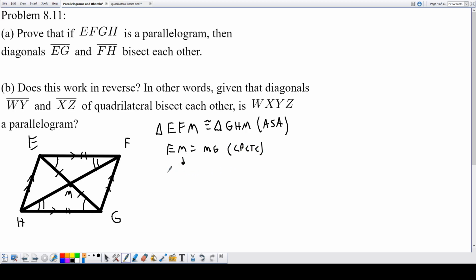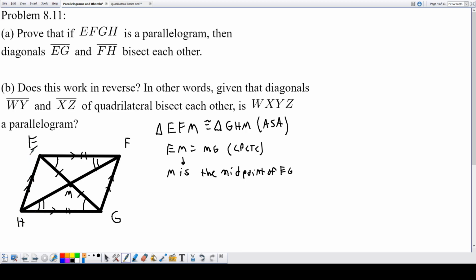And this implies that M is the midpoint of EG. So that's a little bit of part A done. So to do the next part, we're just going to use the same idea as before.